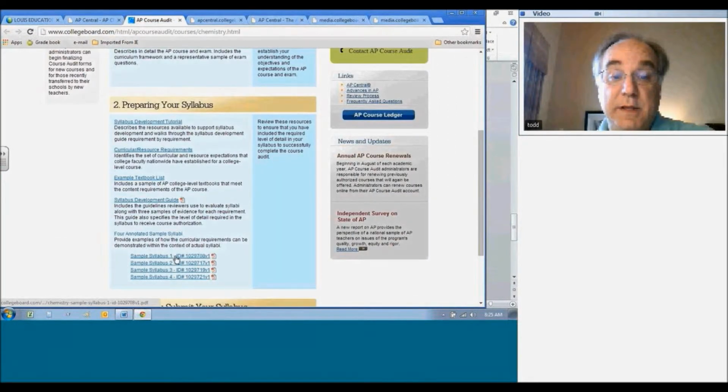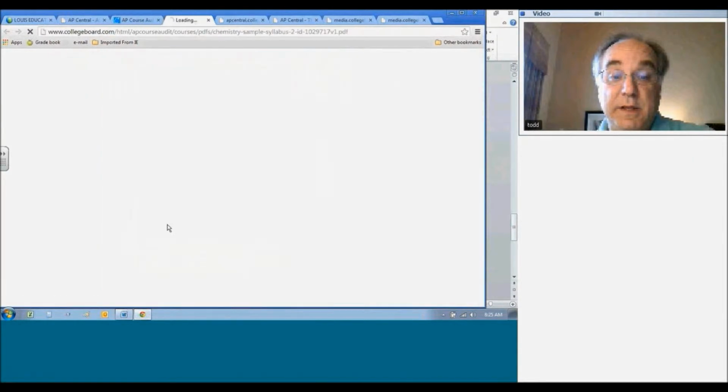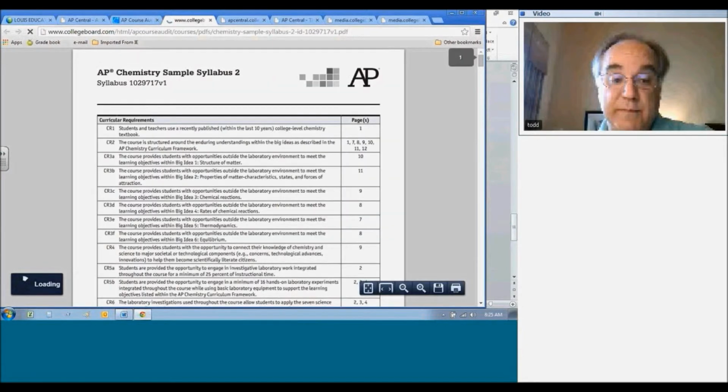The other things that you can pull up would be the sample syllabi. I'm going to pull up sample syllabus number 2. And you can see that curriculum requirement number 1 is listed and satisfied on page 1. Curriculum requirement number 2, course is structured around the big ideas, listed on those pages right there.